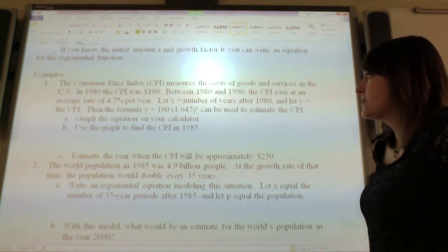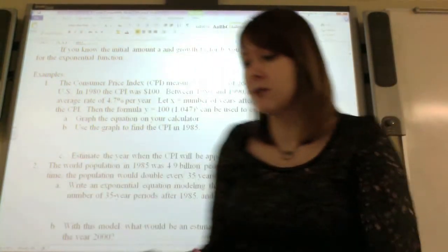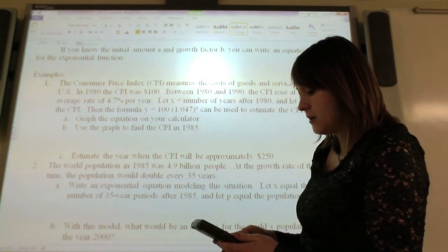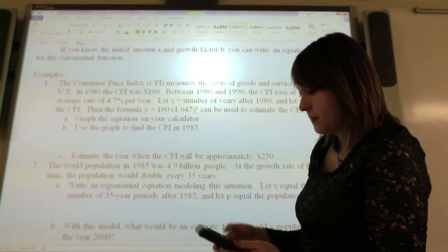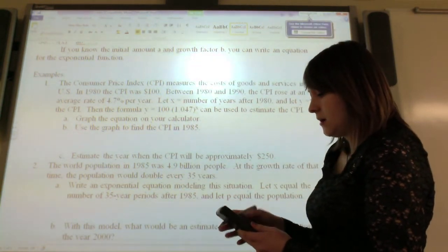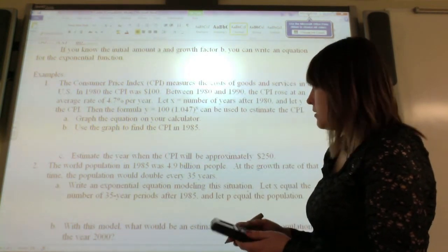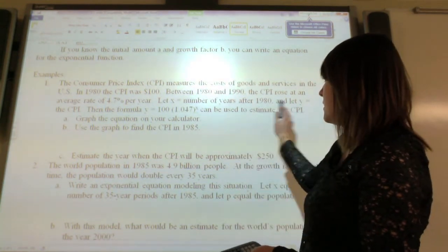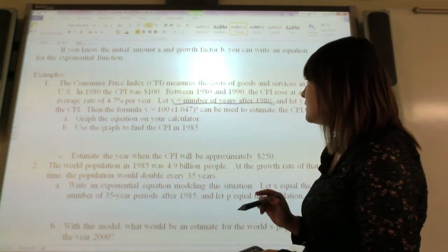So if I want to graph this equation on my calculator, I'm just going to get out my graphing calculator. I'm going to type that into my y equals. So I've got 100 times 1.047 to the x. And when I graph that on my calculator, okay, for your window, they're telling us that x equals the number of years after 1980.